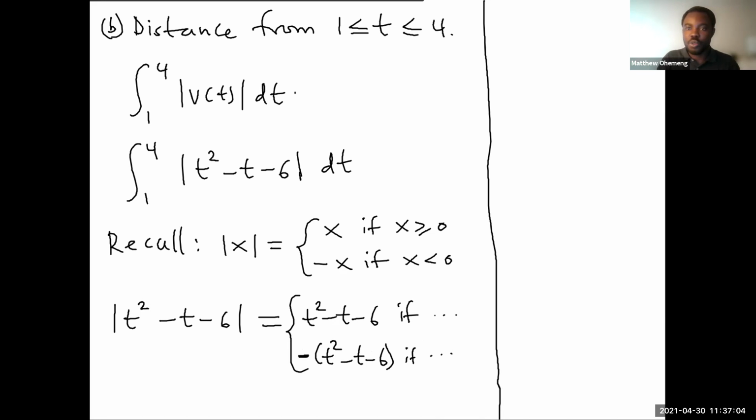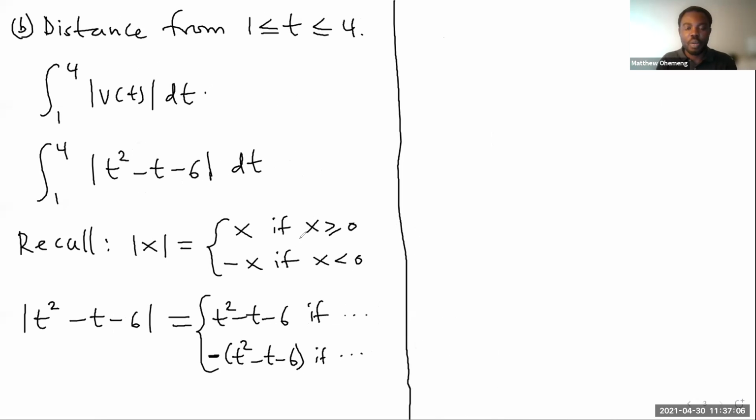So all that we have to do is, within the interval 1 to 4, figure out which side the function is positive and which side the function is negative. Right? So how do you do this? From Math 126, you learned how to do this.